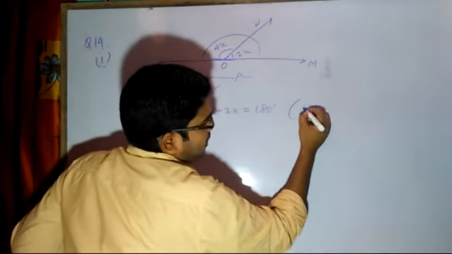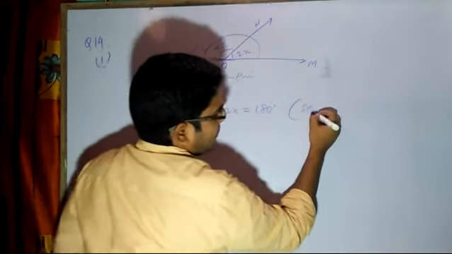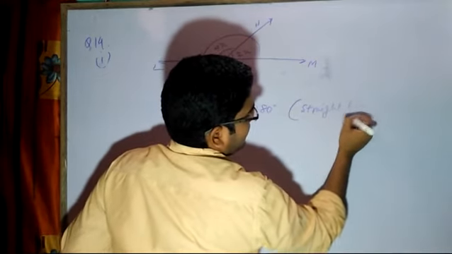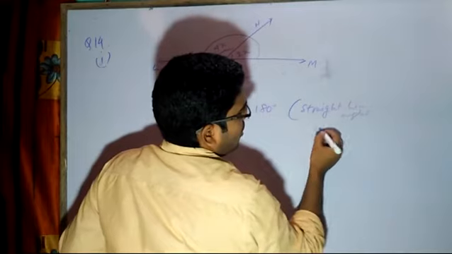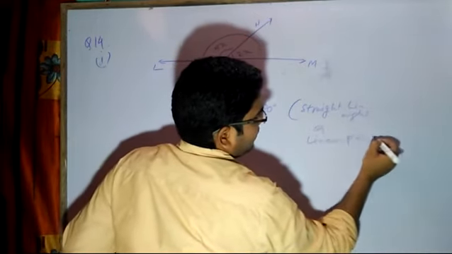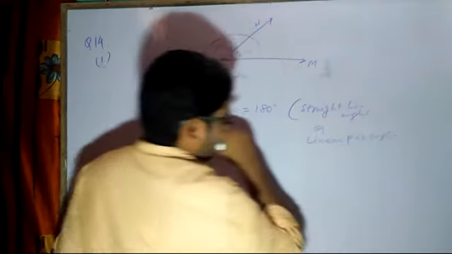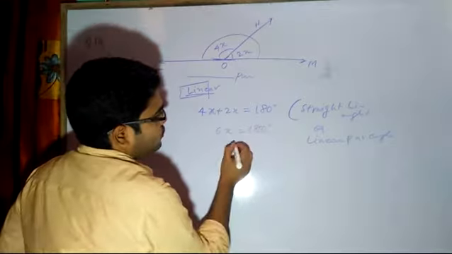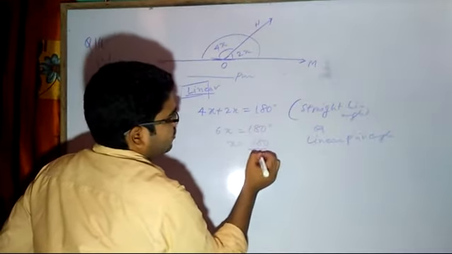For the reason, we can write either straight line angles or linear pair angles. Now 6x is equal to 180, so x is equal to 180 by 6.